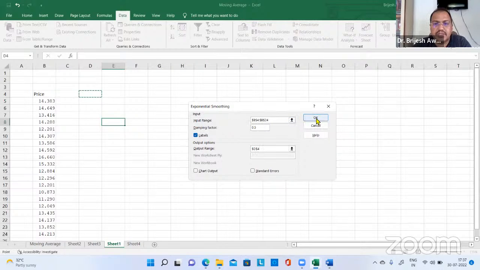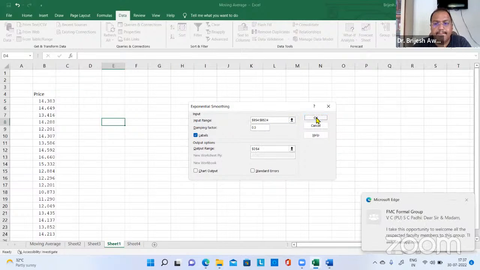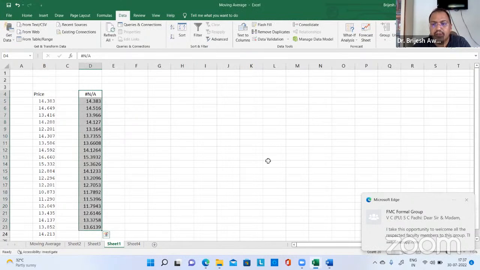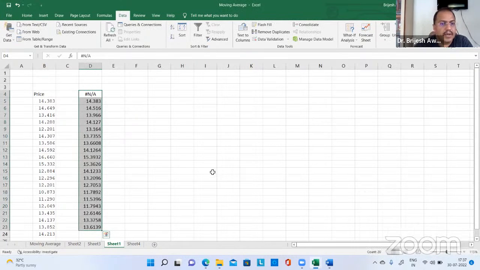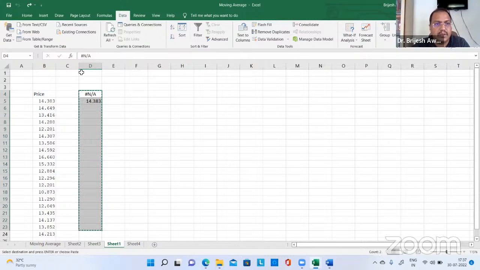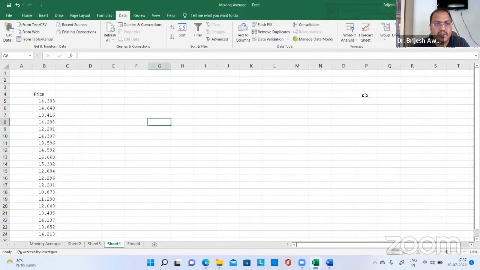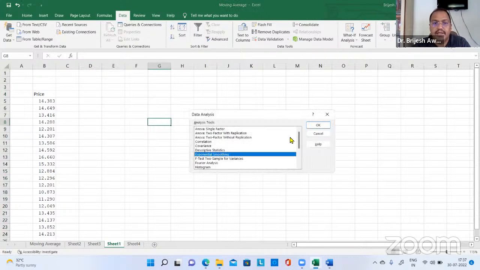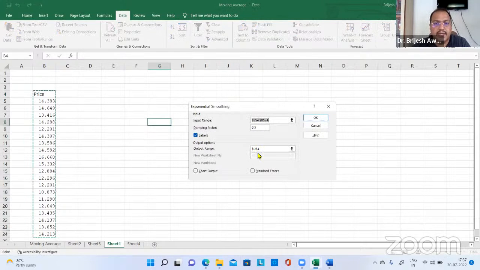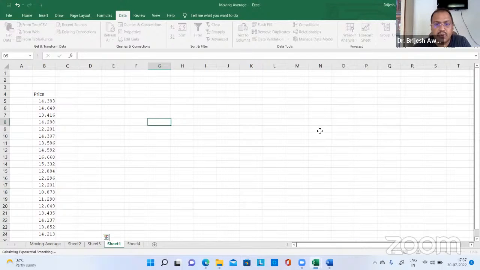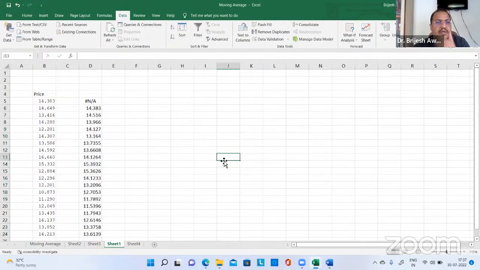Just click OK. Analyze exponential smoothing, and I want the output range here only, and click OK. So this is the exponential smoothing.